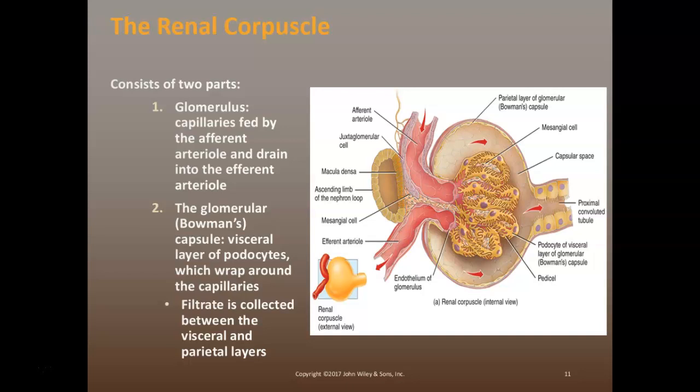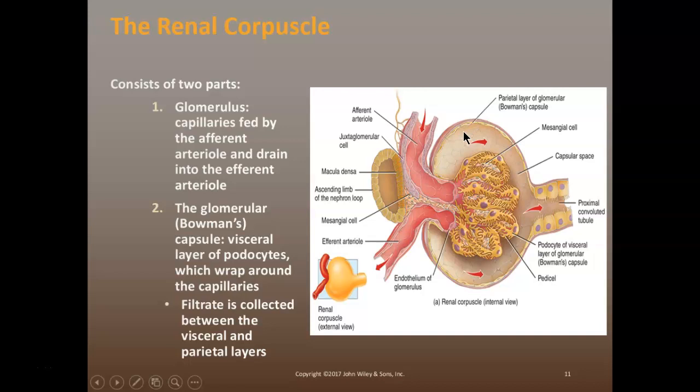capillaries. So you can see here in this image, each one of these little yellow-looking cells is a podocyte, and the little foot or feet extending off of them are the pedicles. The parietal layer of the glomerular capsule is made up of simple squamous epithelial cells, and it forms the wall of the capsule.